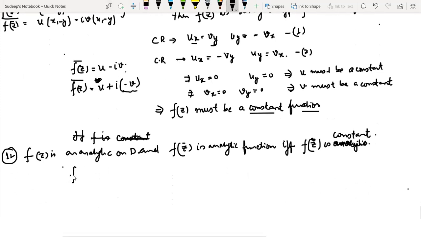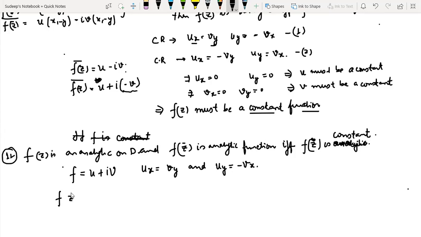See, given that f is analytic, it implies what? That if f is equal to u plus iota v, it implies that Ux must be equal to Vy, and Uy must be equal to minus Vx. Now I'm writing that if f(z) bar is also analytic, it implies what? See, f(z) bar is what? First, let us write f(z) bar.